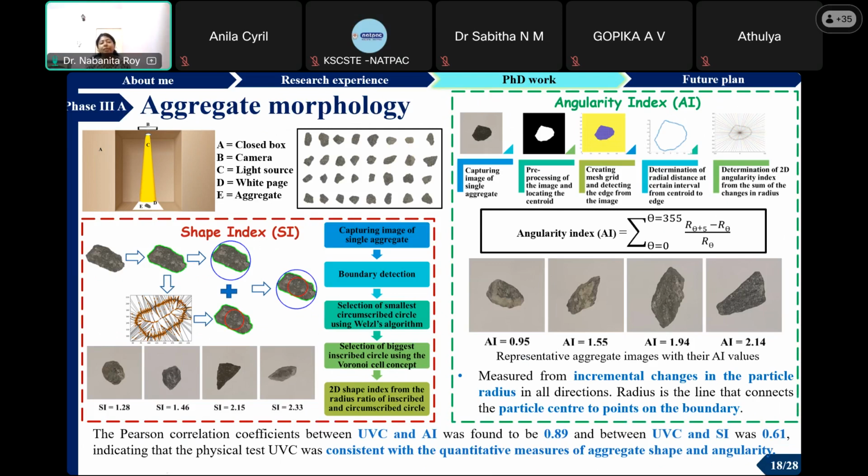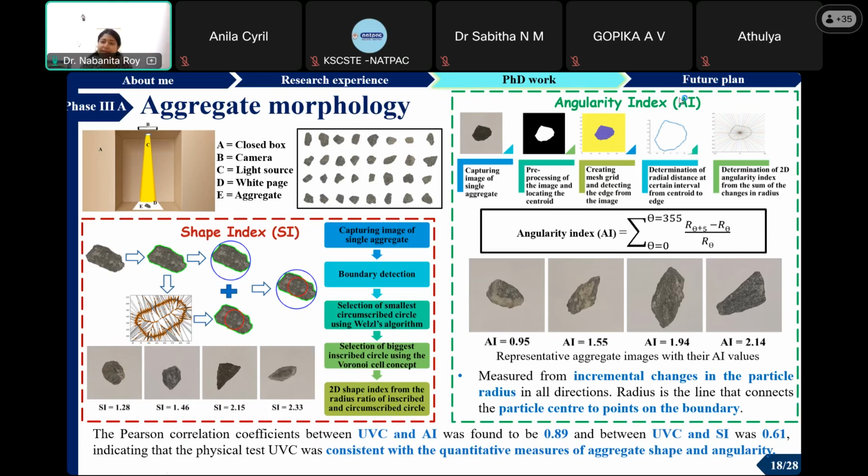Then from the ratio of these two, we got the 2D shape index, right? You can see that here I have given some representative images along with their SI values. If it is close to a round particle, then the SI value is less, and when it is very irregular in shape, the SI is more, right?